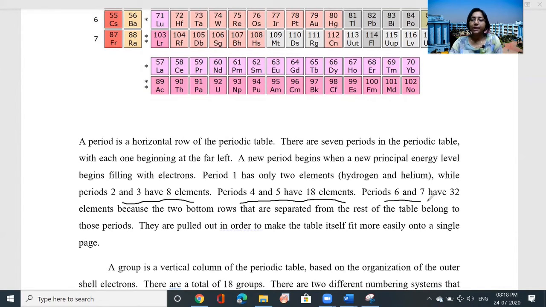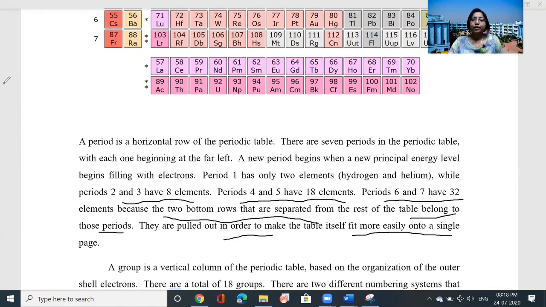Periods 6 and 7 have 32 elements, because the 2 bottom rows that are separated from the rest of the table belong to those periods. They are pulled out in order to make the table fit more easily onto a single page.